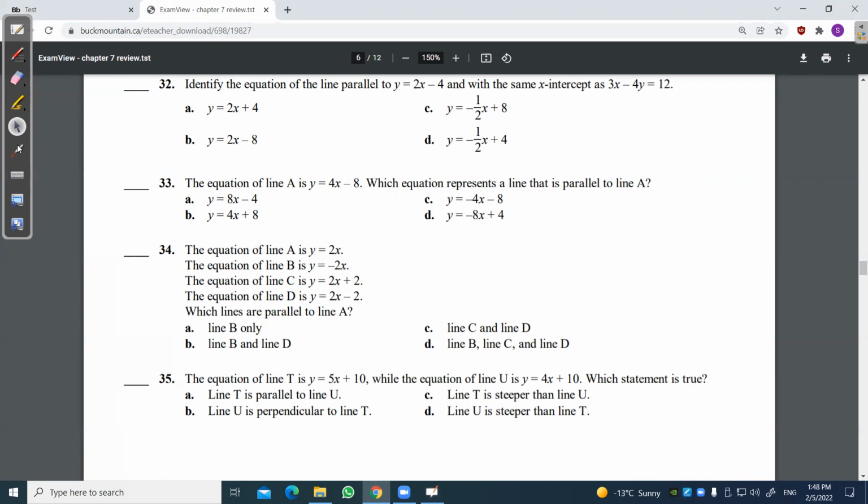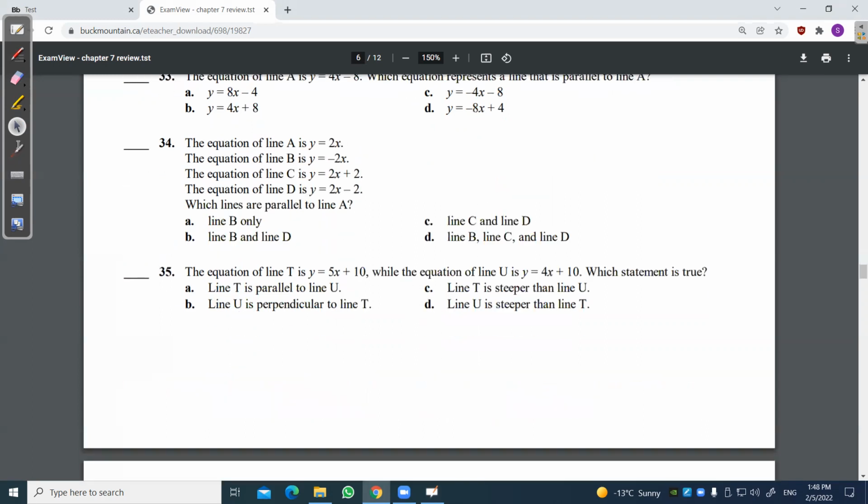C and D. Yes, so option C is right here. 35, the equation of line T is this, the equation of line U is this. Which statement is true?